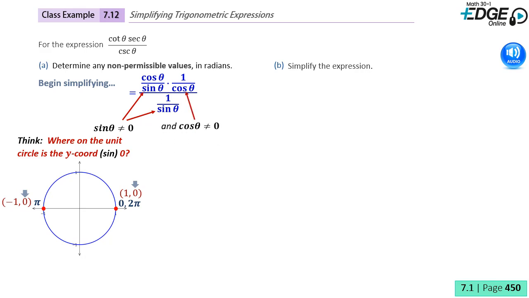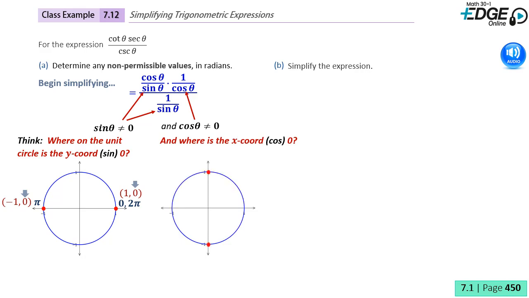We also have a denominator of cosine theta. Cosine theta is 0 where the x-coordinate is 0 on the unit circle. This happens at 1/2 of pi, 3/2 of pi, and every addition of pi after that.